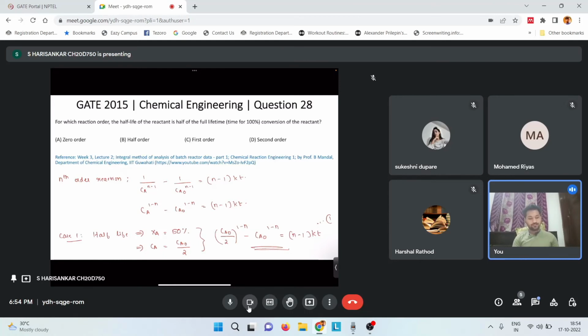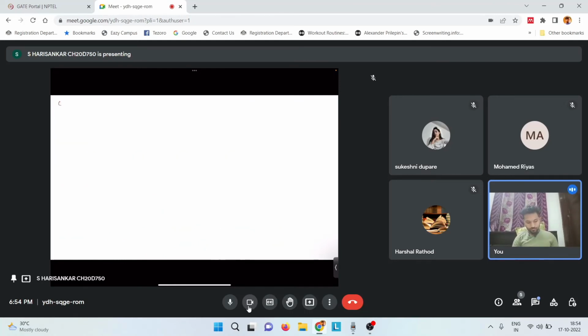Now, case 2 is the full time. That means conversion is 100%. This also means Ca will tend to 0. That means all of A has gotten converted into the product, so Ca will be 0.